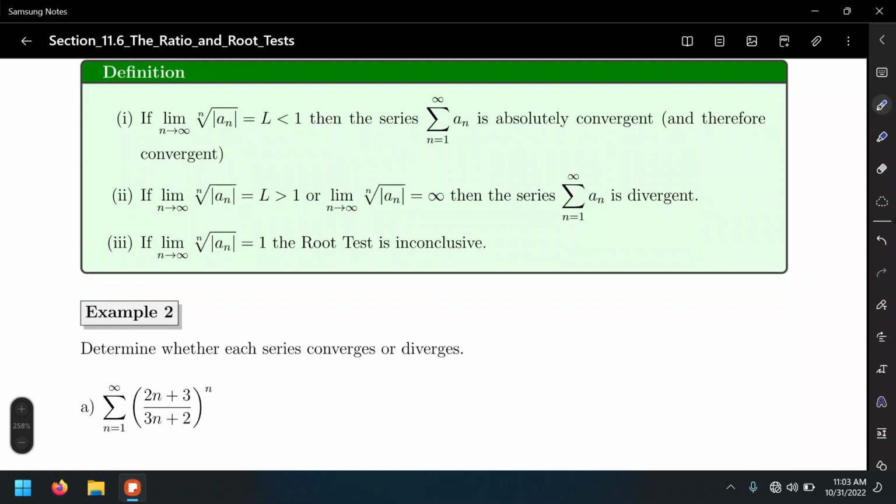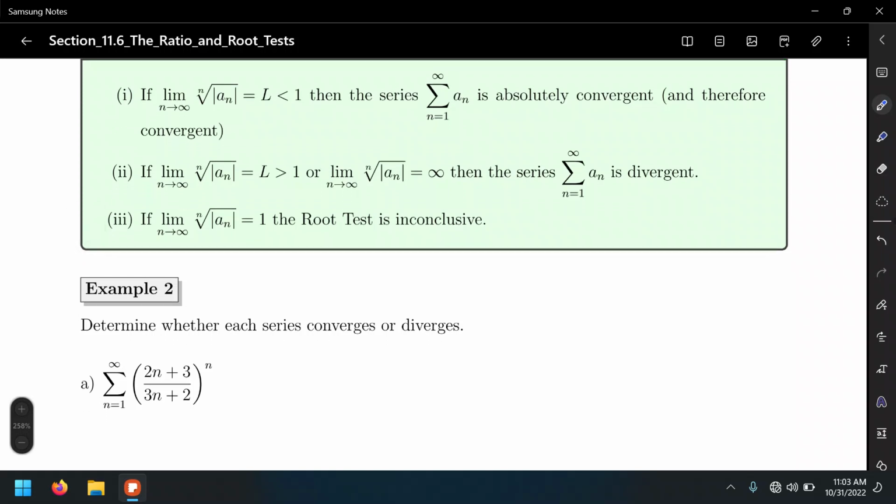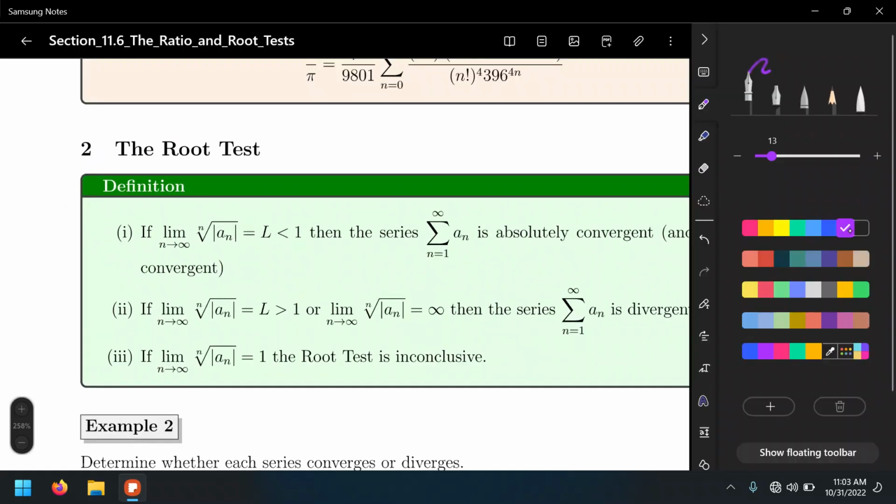However, this time we are not going to set up a very nasty ratio like we did in the ratio test. So in this case, the exercises for the root test are going to be a lot shorter than the ratio test. We're going to take the nth root of some sequence.